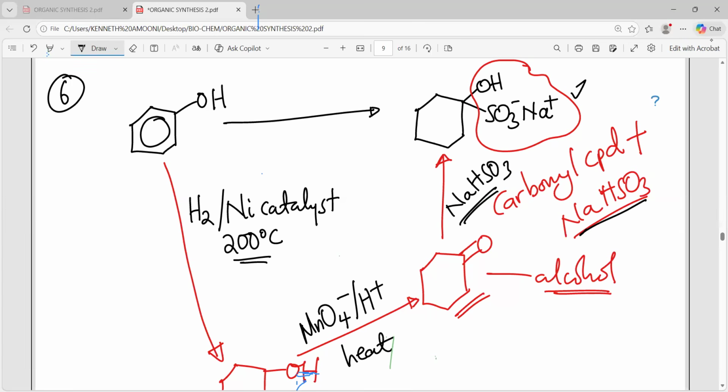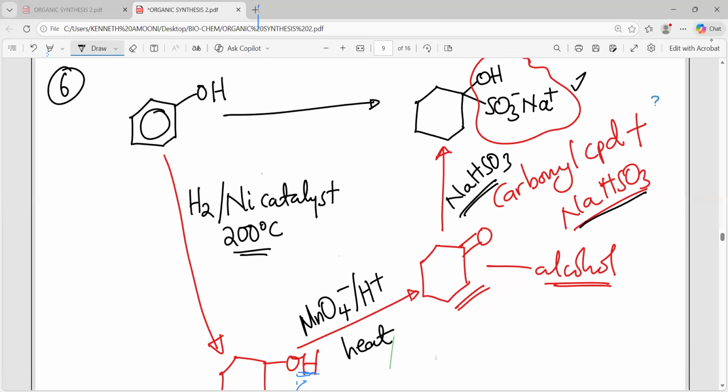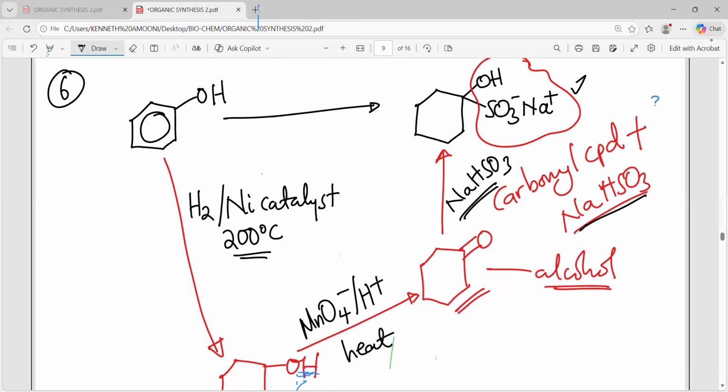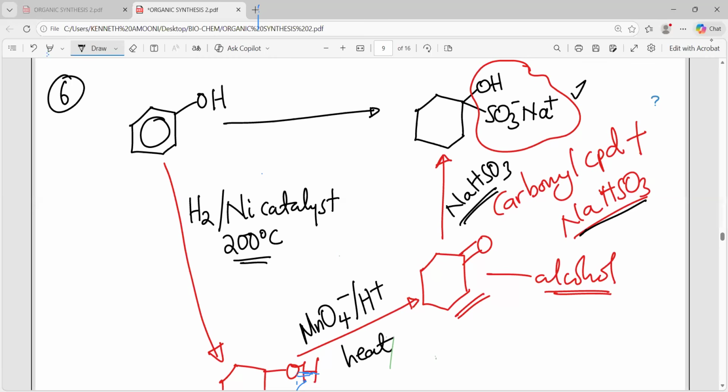So I've already finished synthesizing that compound. It's retrosynthesis that has bailed us out. If it was not for retrosynthesis, we would not have finished. So that is number 6.